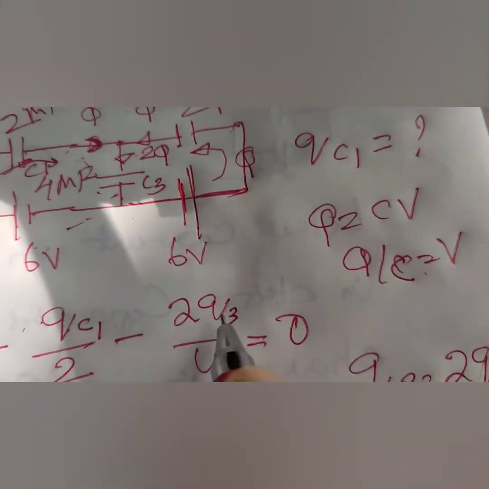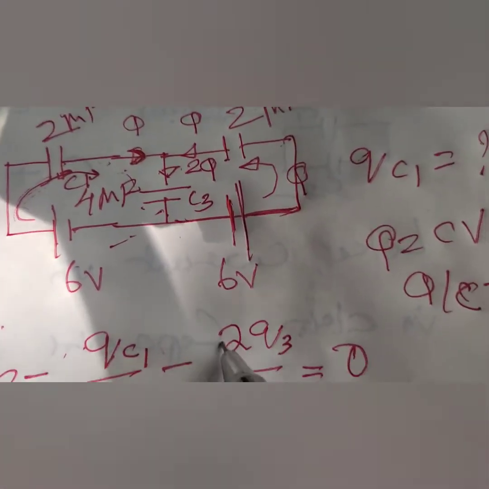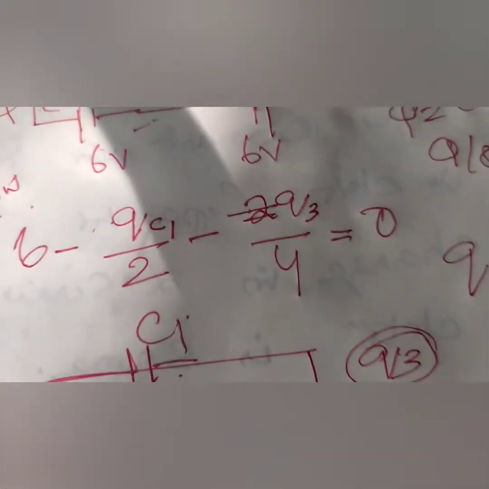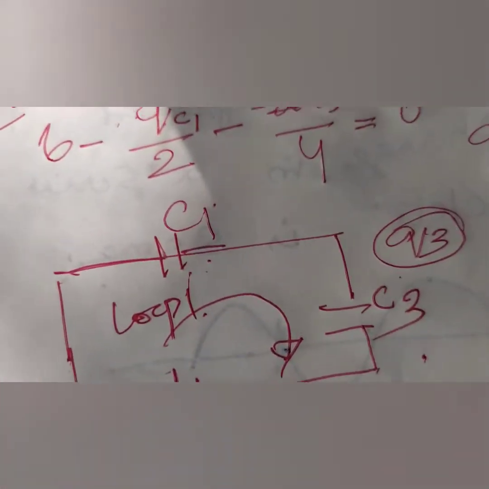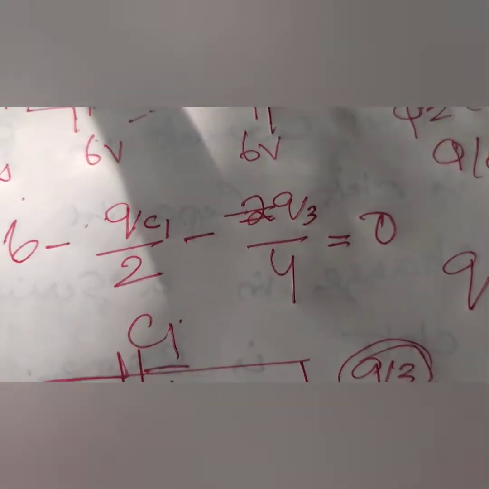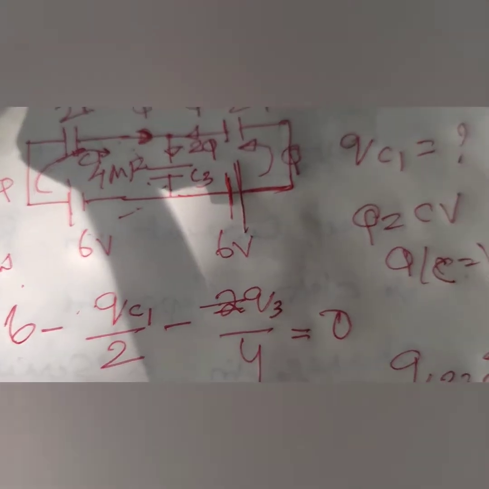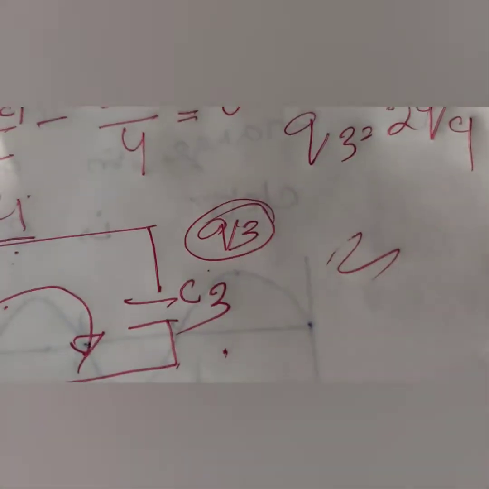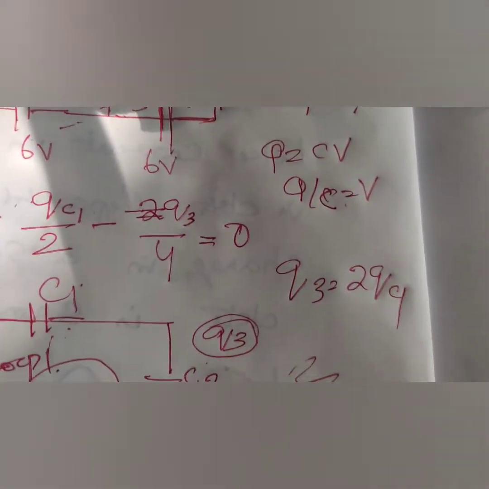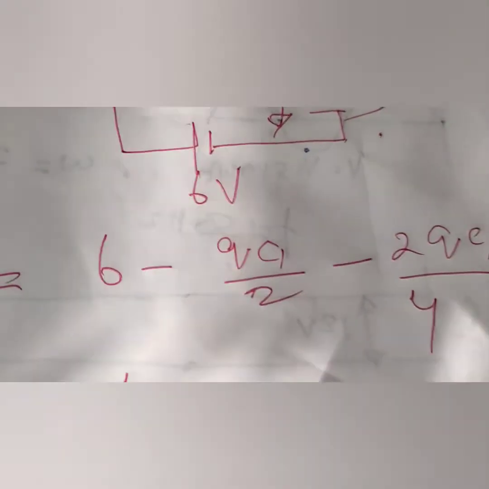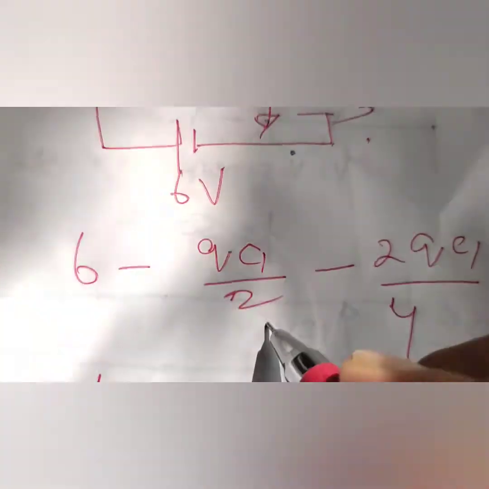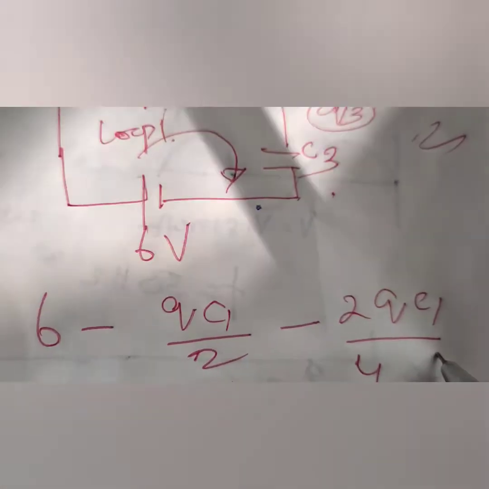We can write Q3 is equal to QC1. Now we can write 6 minus QC1 by 2 minus 2QC1 by 4.